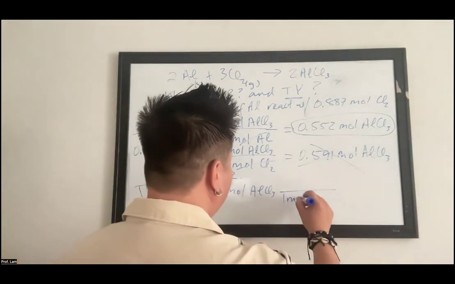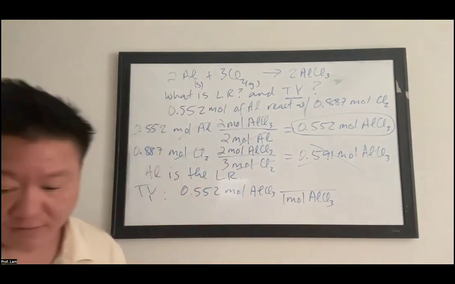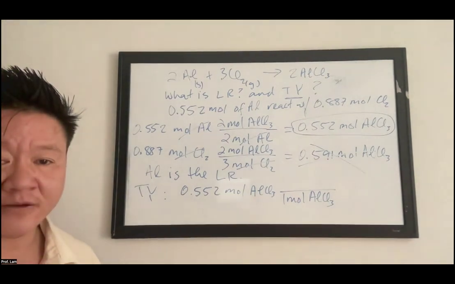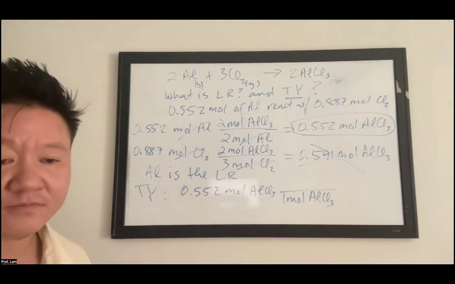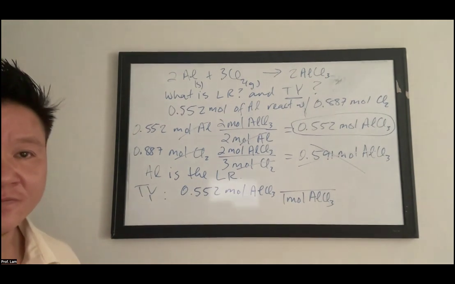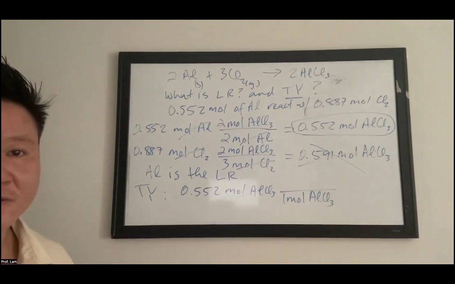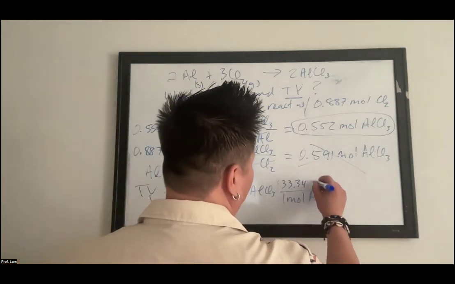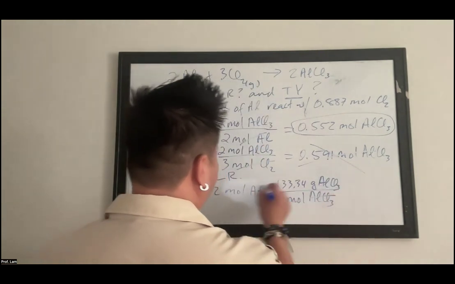So 1 mole of AlCl3 on the bottom, and then we get the molar mass of AlCl3, 133.34 grams.